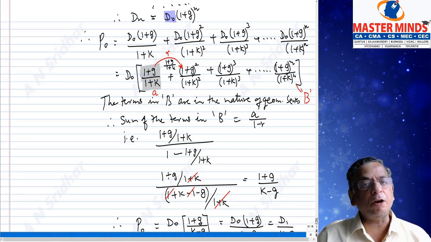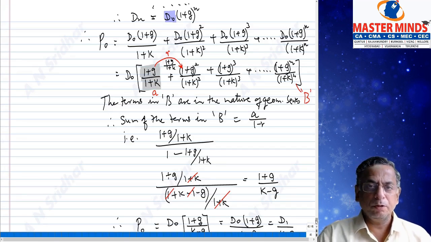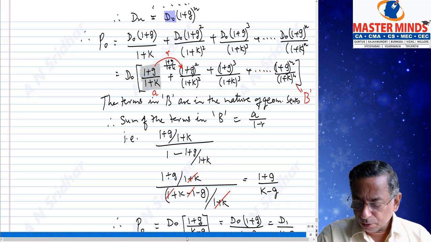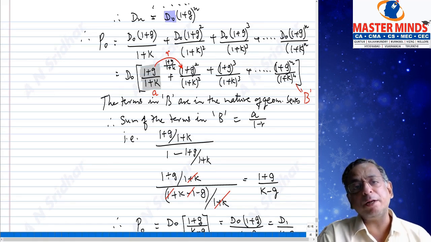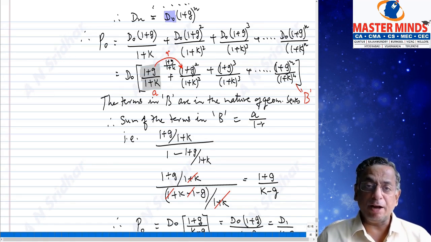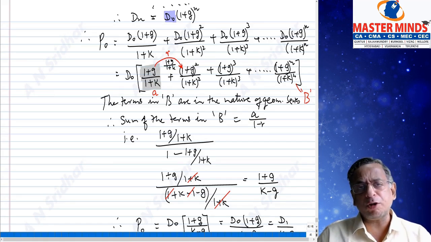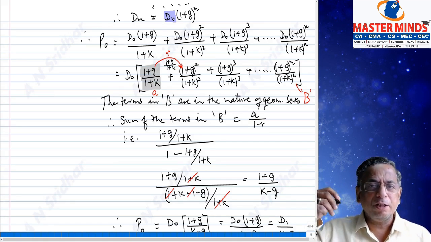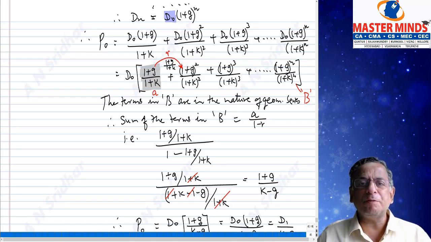The derivations are not there for the exam. Obviously they will not ask. But if you understand how they have been derived, it gives you a lot of comfort when you use the formula. You would know what is G, what is K, because we are actually using them to derive the formula.